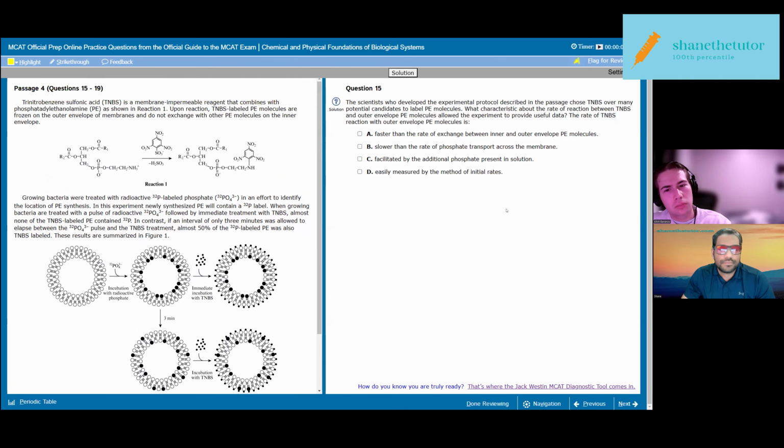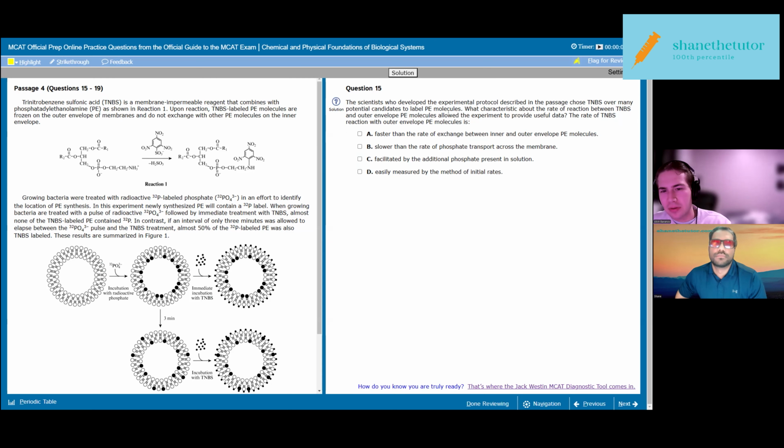Scientists who developed the experimental protocol described in the passage chose TNBS over many potential candidates to label PE molecules. What characteristic about the rate of reaction between TNBS and outer envelope PE molecules allowed the experiment to provide useful data?